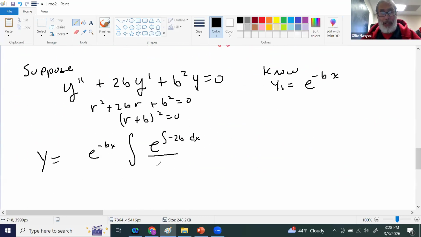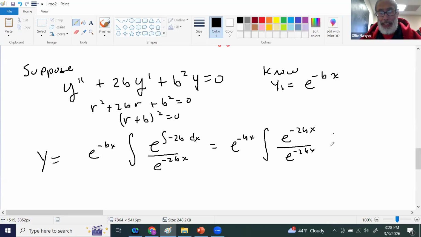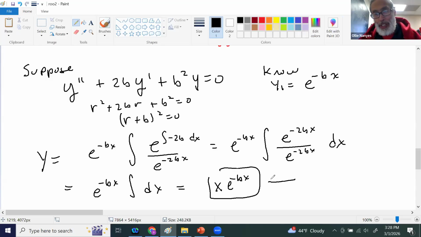Well, this is squared, this is going to be e to the minus 2bx. Now, this is going to be e to the minus 2bx divided by e to the minus 2bx dx. And this is going to be the integral of dx, which is going to be x e to the minus bx. And I know there's a plus c, but we don't really care about the plus c here. So this is your second solution.